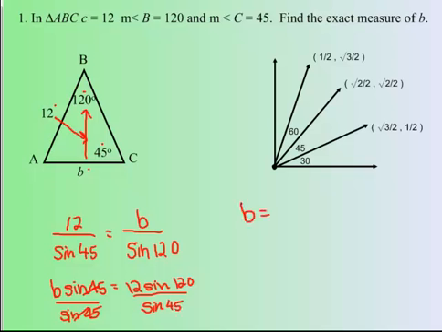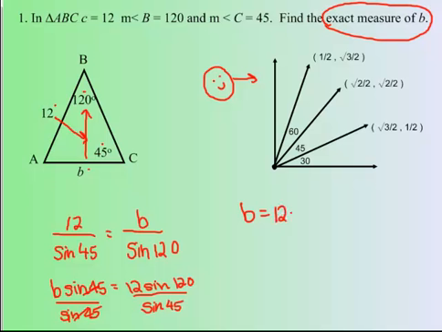But notice it says find the exact measure of side B. Anytime it says exact measure, pretty much means they want you to look back at your unit circle. So when I start doing the sine of 120 and the sine of 45, I must use their exact answers and not their decimal approximations.